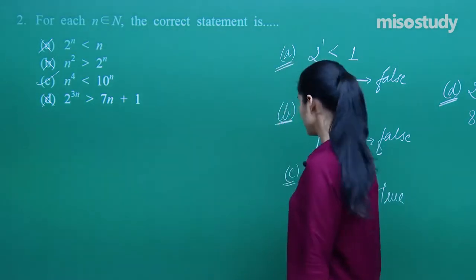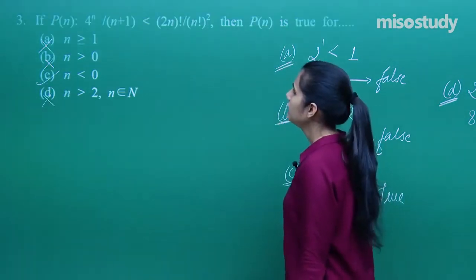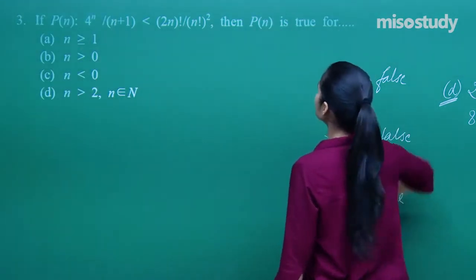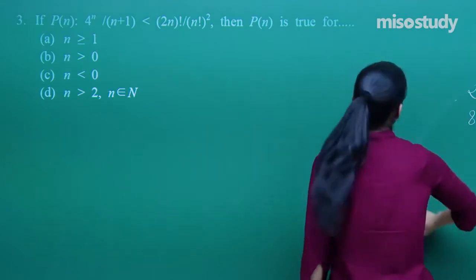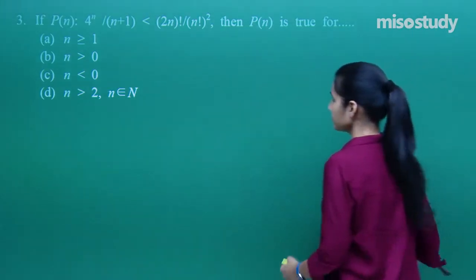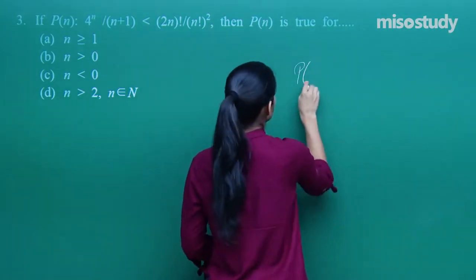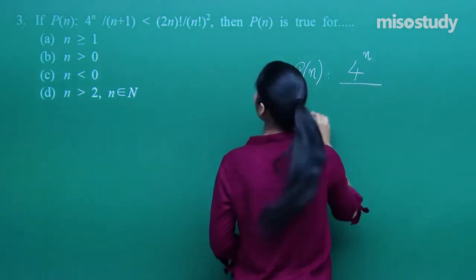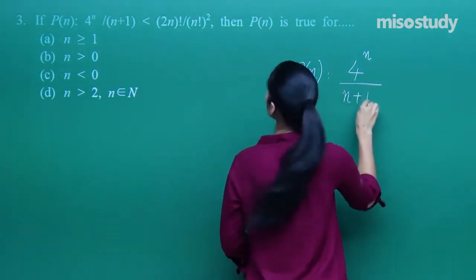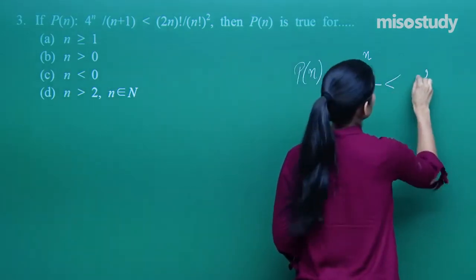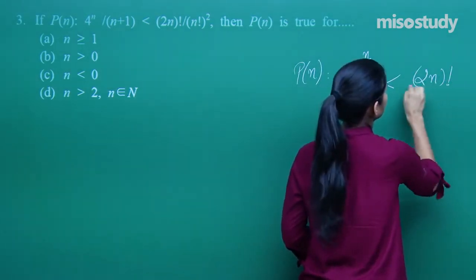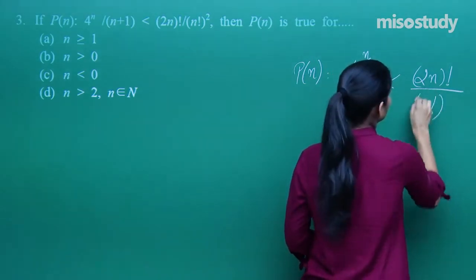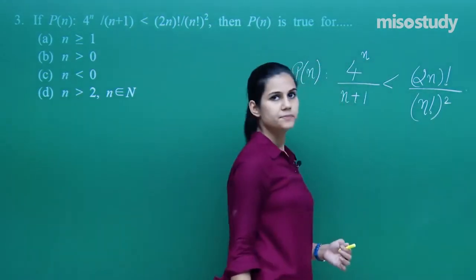Clear? Next you have the statement given involving n, then Pn is true for what all values of n. Let us write Pn. It is 4 to the power n upon n plus 1 less than 2n factorial whole upon n factorial whole square.